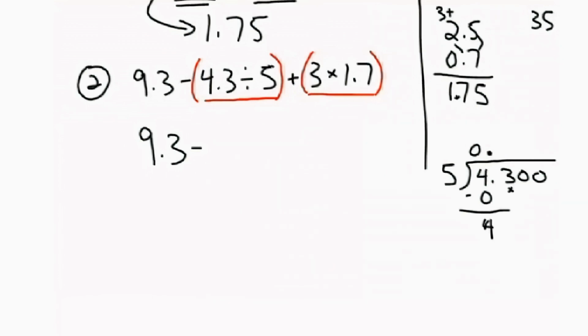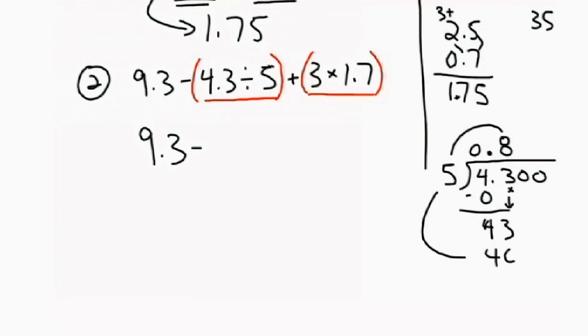And now I bring down my next number, and now that 43, how many times does 5 go into 43? Well, we know that 8 times 5 is 40, so that's pretty close. 8 times 5 is 40.